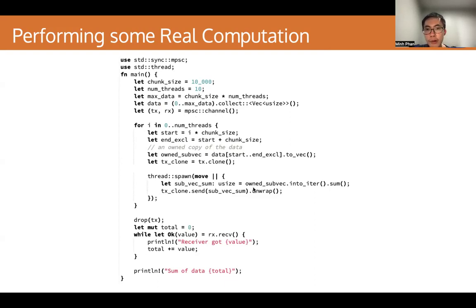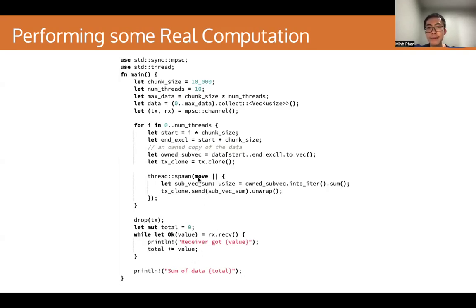What each thread will do is calculate the sum of its copy of the data subset, and then send that sum as a message. In the main thread, we will receive the messages from the other threads and print them out, while also adding them together to get the overall sum.